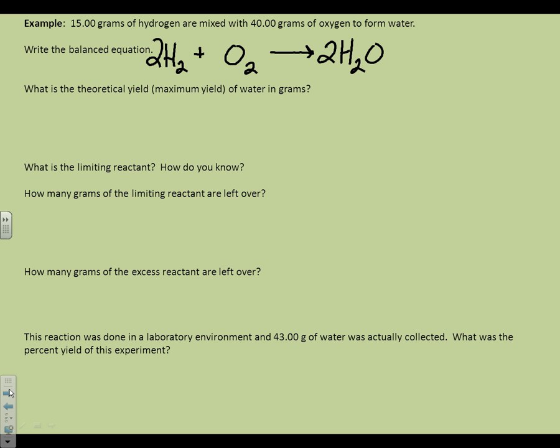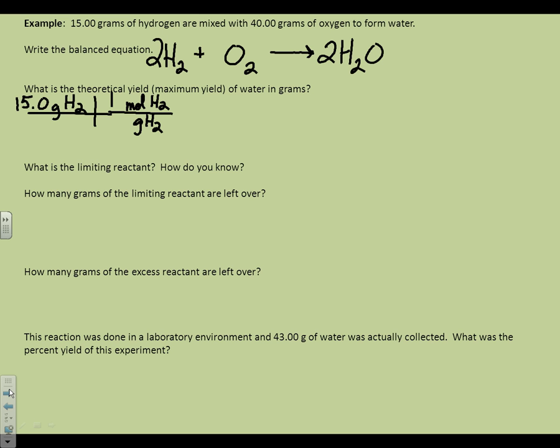So we've got to first calculate the theoretical yield. Let's go ahead and start with hydrogen, since it's the first amount of reactants given. So we're going to take mass of our hydrogen to find the mass of our water. I'll have to go from grams of hydrogen to moles of hydrogen.